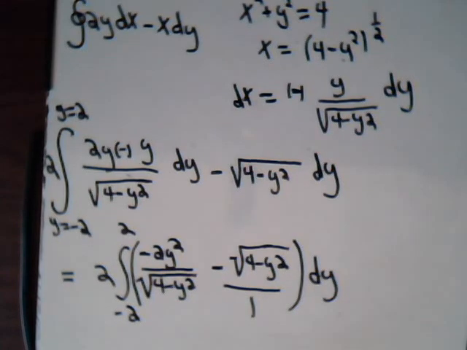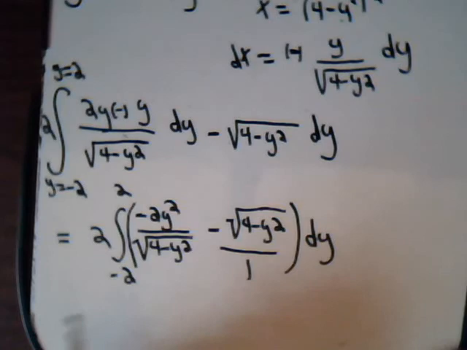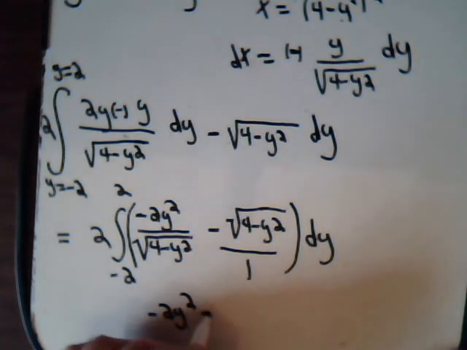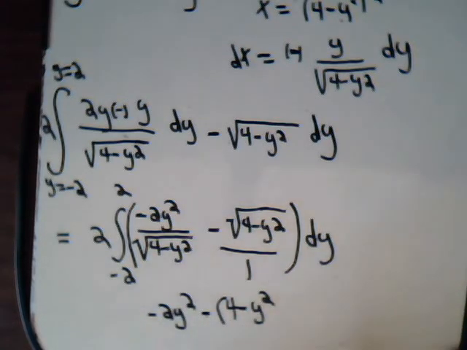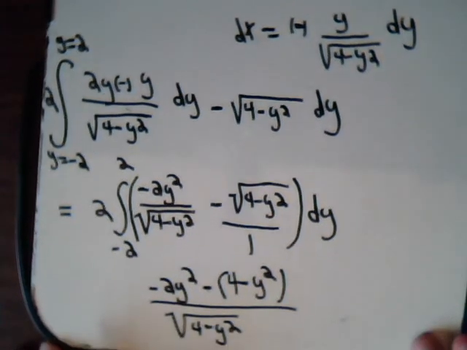So on top, we will have minus 2y squared, then minus this times this, so we'll have minus 4 minus y squared, divided by the square root of 4 minus y squared.